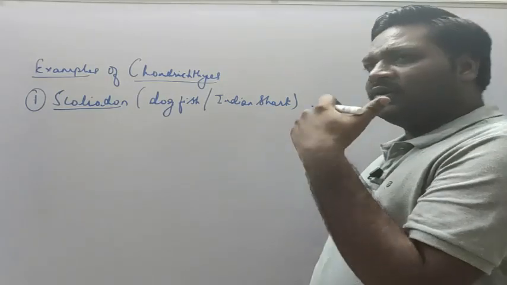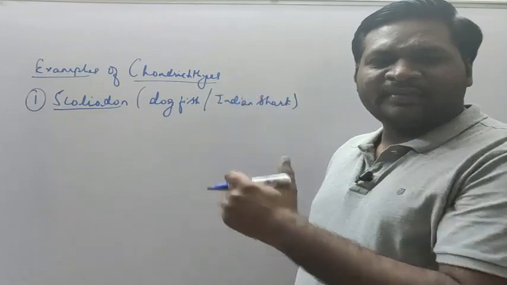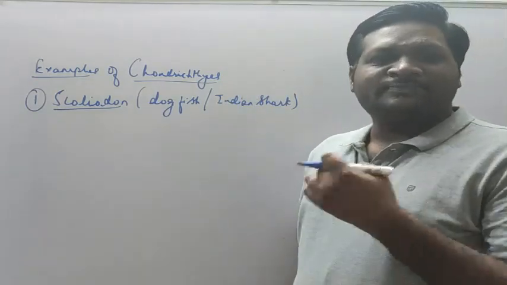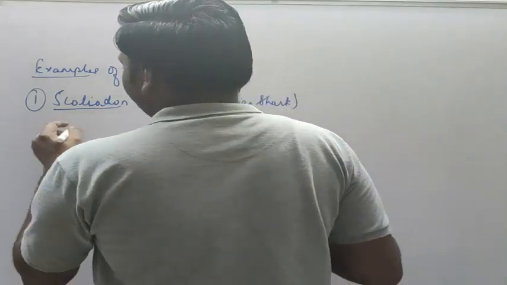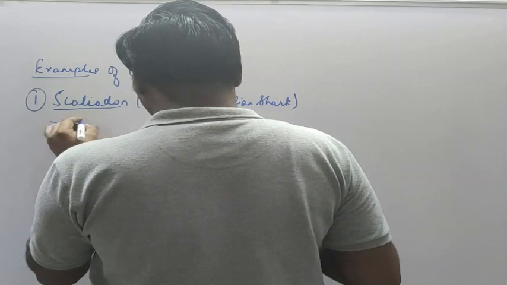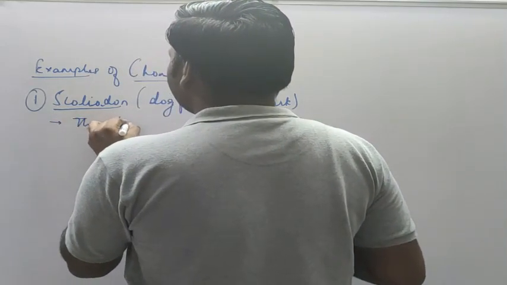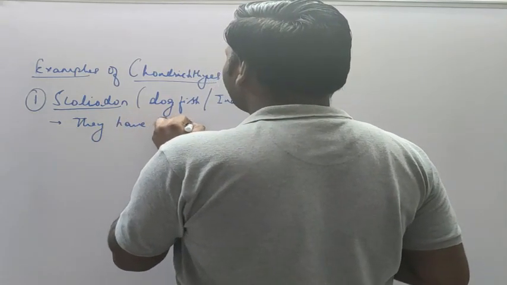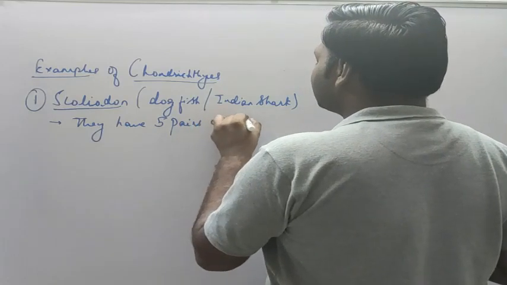Here most of the general characteristics are seen in the cartilaginous fish itself. That is the main general characteristic feature. But still, example-wise, their specific characters can be understood. So here the first character: they have five pairs of gill slits.